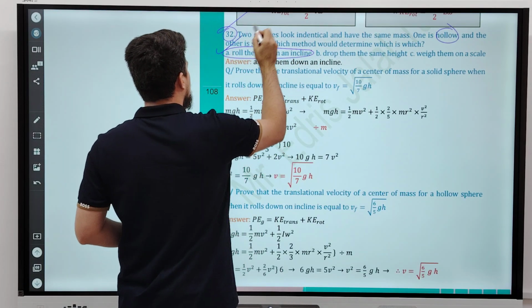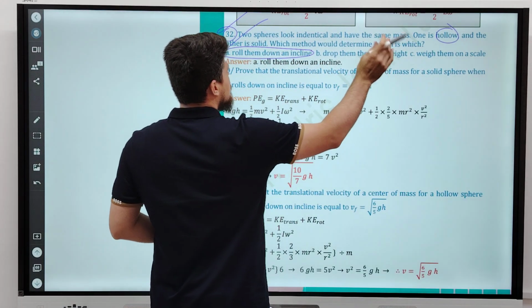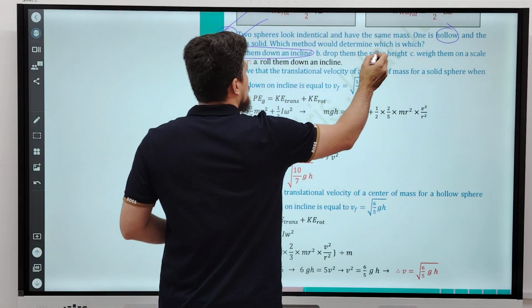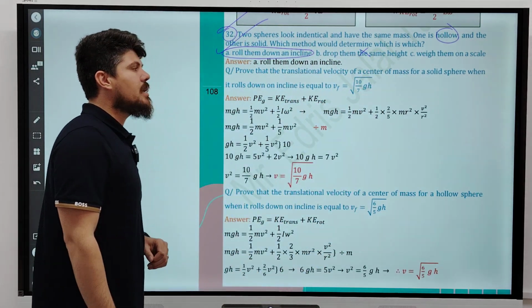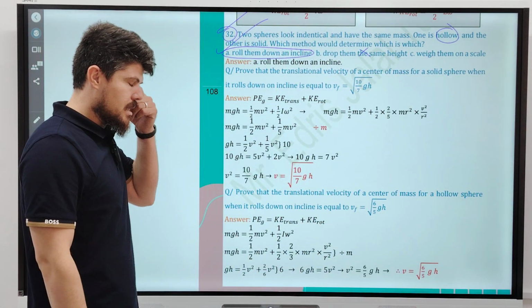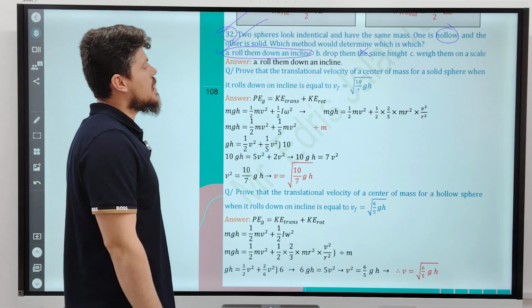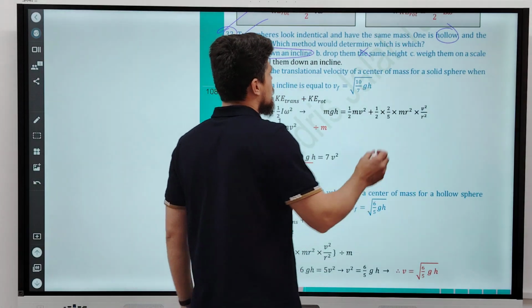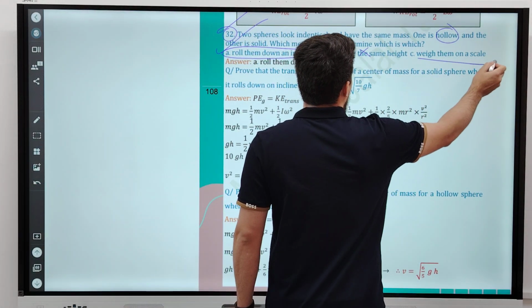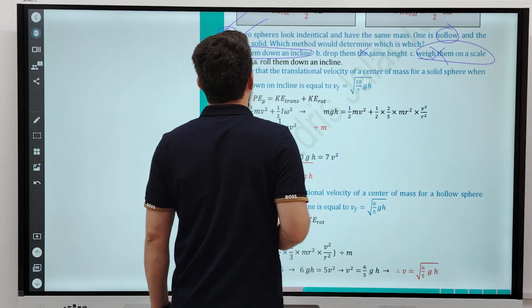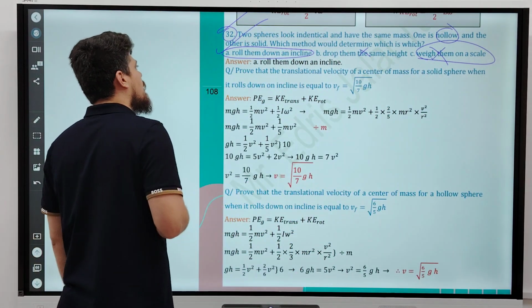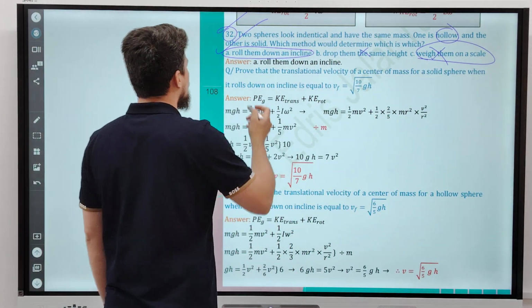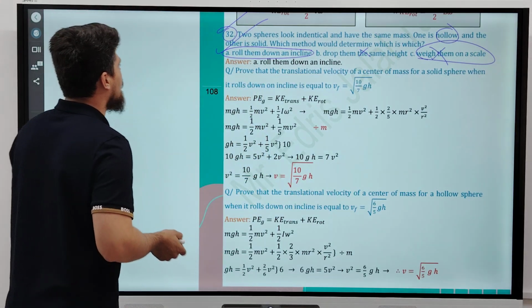Yes, of course. Drop them from the same height? No. Because by dropping them, both reach the ground with the same acceleration, which is the free fall acceleration. Weigh them on a scale? No. So the best way to determine which is which is to roll them down an incline.